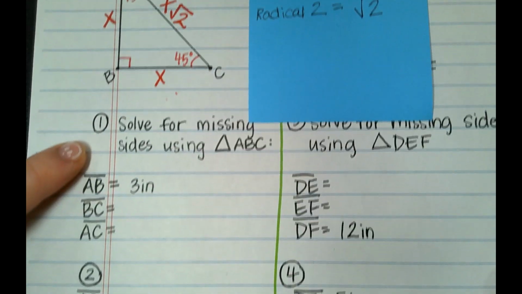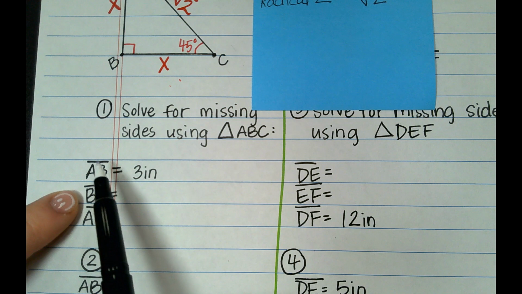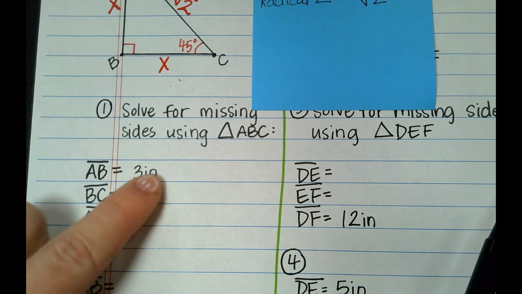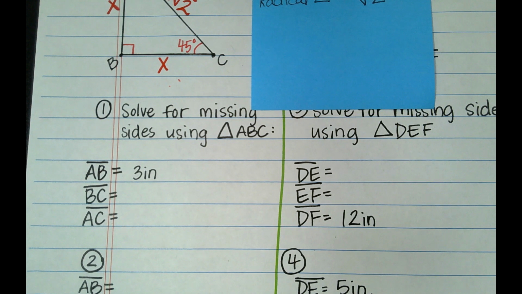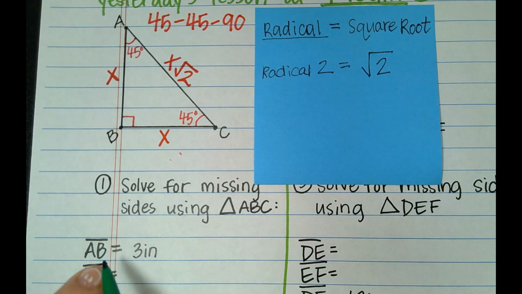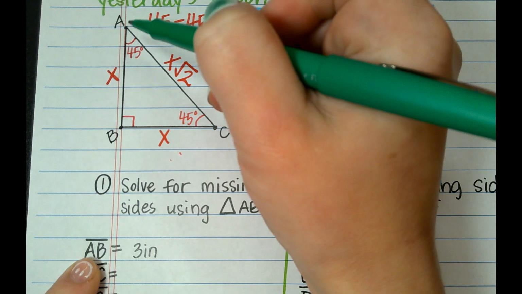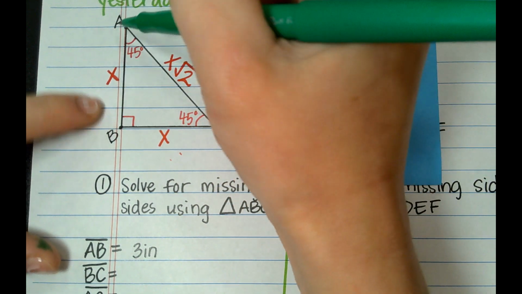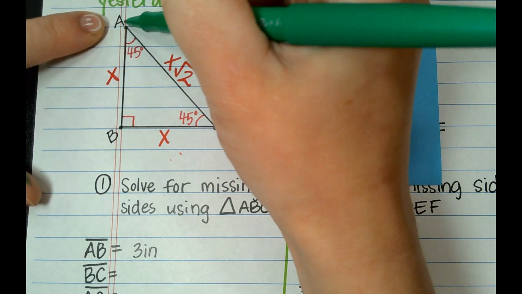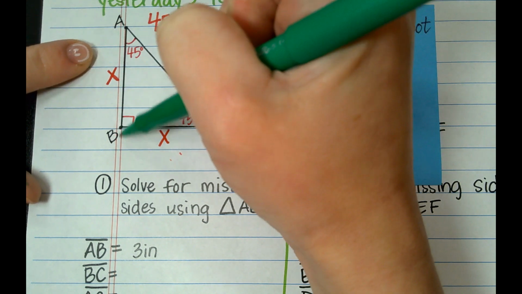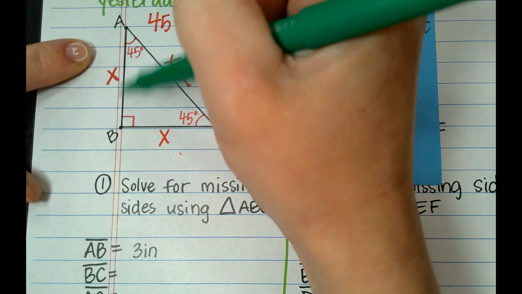So for number 1, I have given you the length from point A to B. It says it's 3 inches. One of the very first things I would recommend doing is looking at your picture and seeing what is from A to B. On my picture, if I go from point A to point B, what red label do I have for that line?